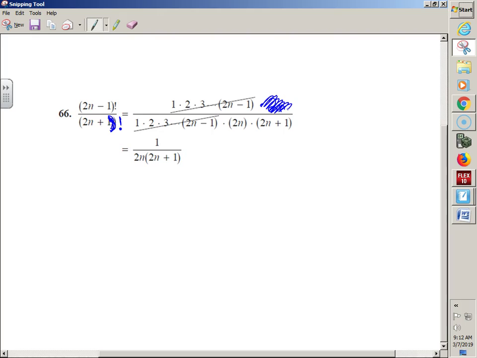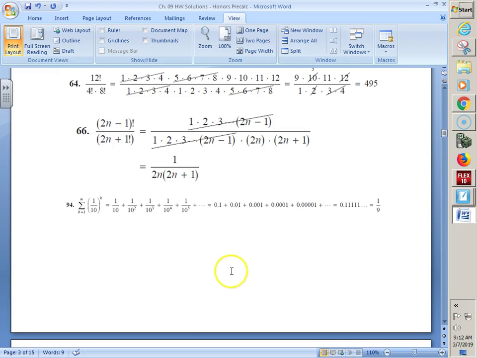Show this guy falling short of 2n and this guy going past 2n. All of these guys end up reducing away, and all that's left is the 2n that the bottom had, the top didn't, and then the 2n plus 1 the bottom had that the top didn't. But sorry about that typo. Well, I guess you guys didn't see it in Calc Chat anyway, or in the answer key, because it's an even. But anyway, good catch on that typo.